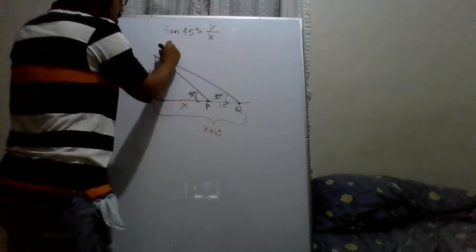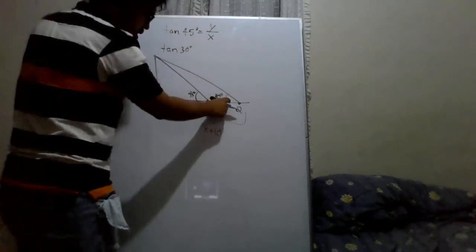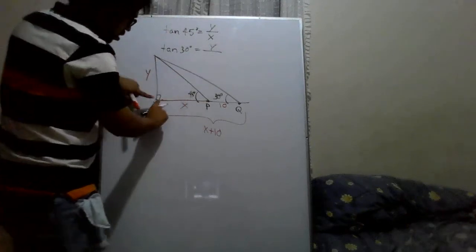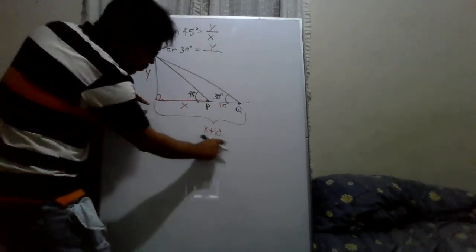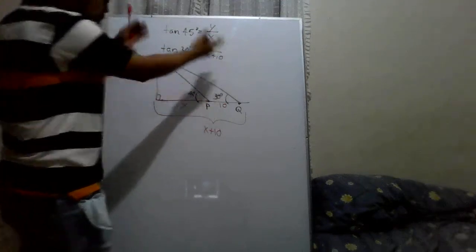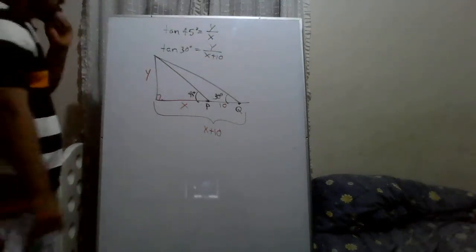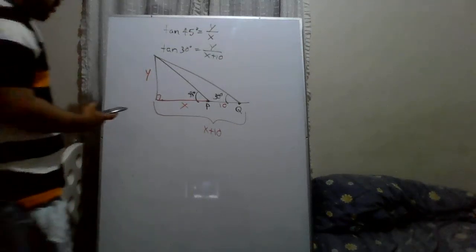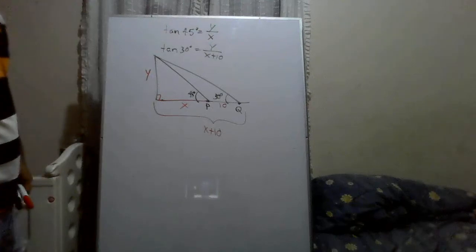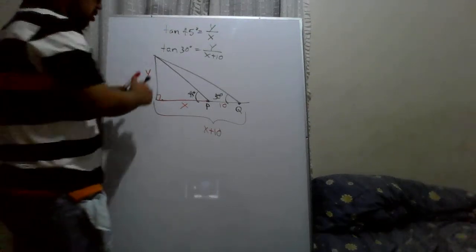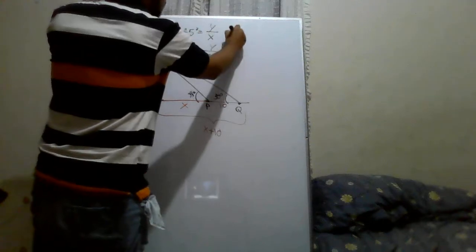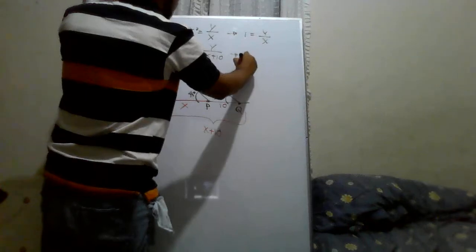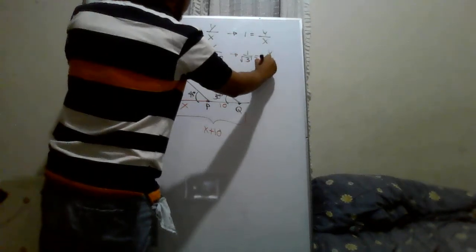The tangent of 30 degrees is the opposite leg, which is y, over the adjacent leg, which is x plus 10. The tangent of 45 is a known angle, and the tangent of 30 we used in previous problems. So the tangent of 45 is 1, so this becomes 1 equals y over x, and this becomes 1 over the root of 3 equals y over x plus 10.